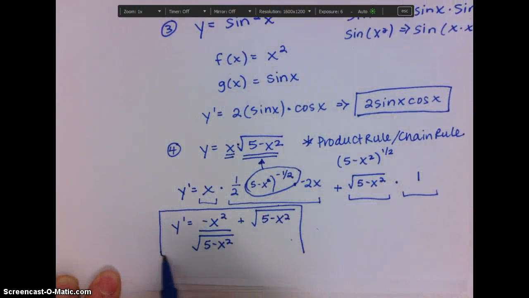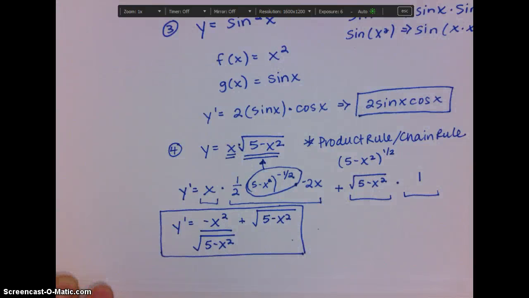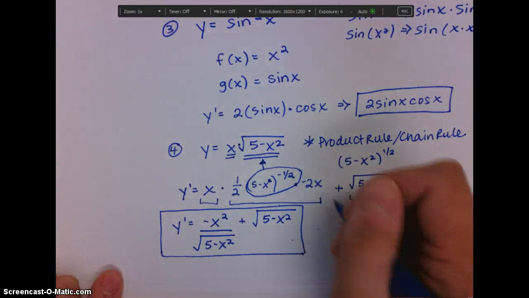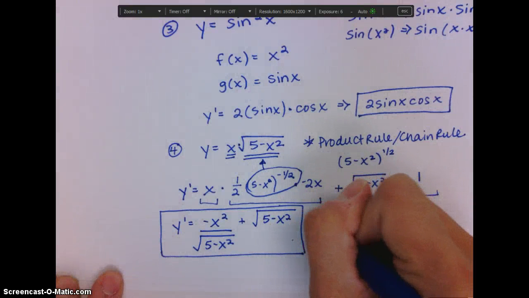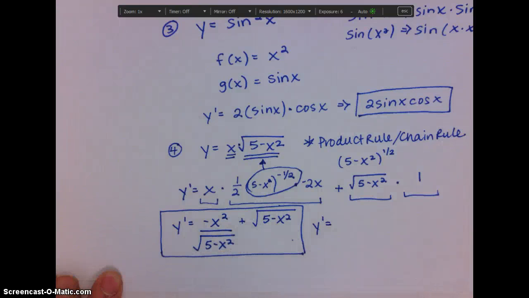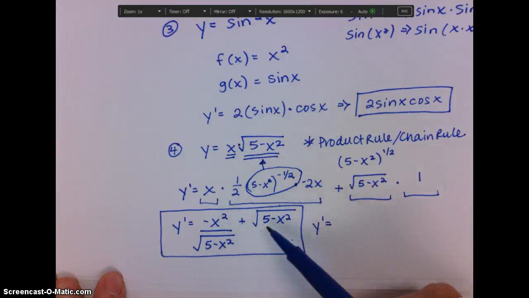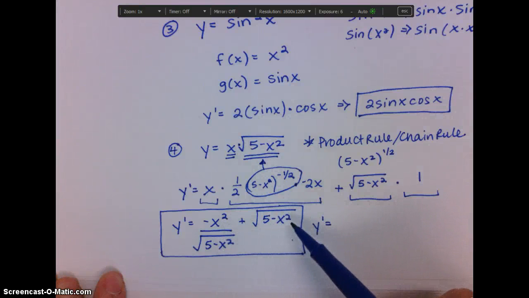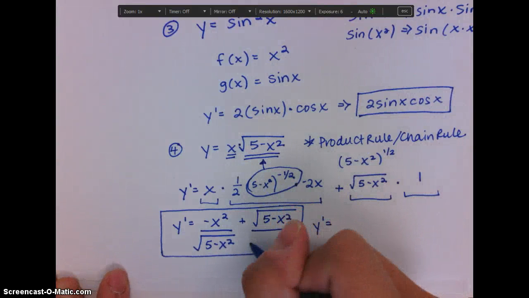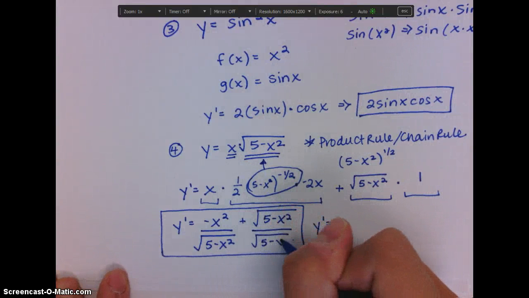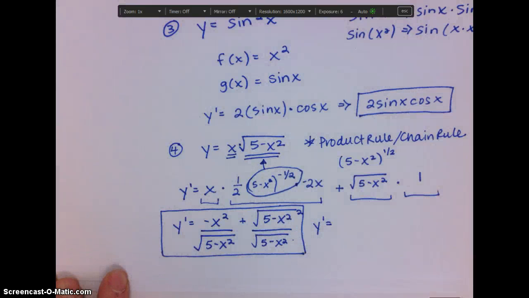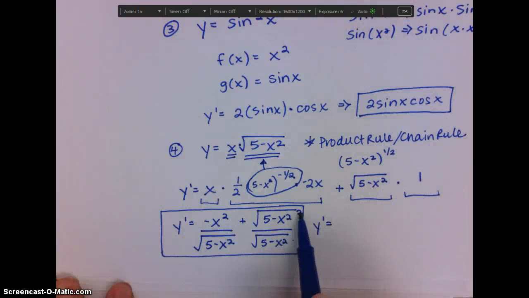I'm actually going to take one more step in combining them. If I get a common denominator and add these, it'll actually make my function a little bit cleaner here. So my common denominator is going to be this denominator, square root of 5 minus x squared. In the first fraction, I don't have to multiply by it, but in my second fraction, I do. So I'm going to multiply by the square root of 5 minus x squared on the top and on the bottom, which is what makes it legal. And look what's going to happen. Now I have a common denominator.